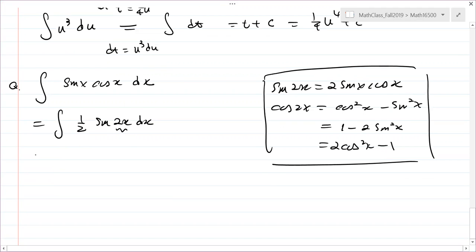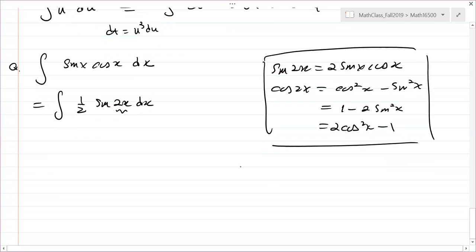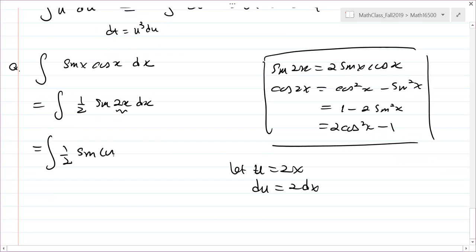Let u be 2x, du equals 2 dx, okay? So we get sine u. What is dx? dx is half of du. So it's going to be 1/4 integral of sine u du.